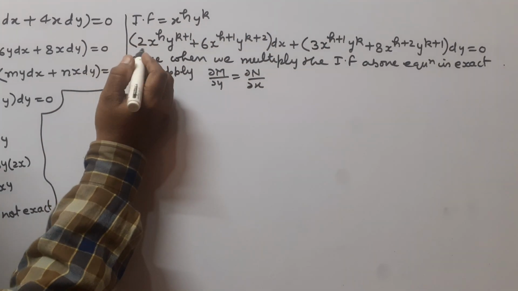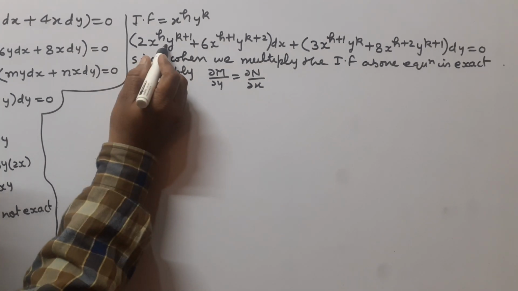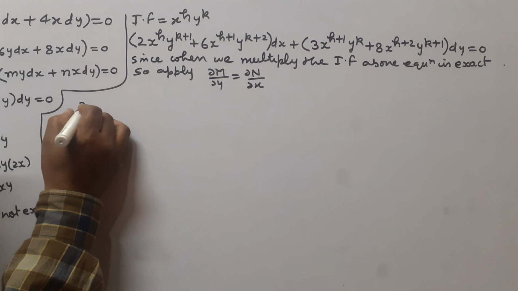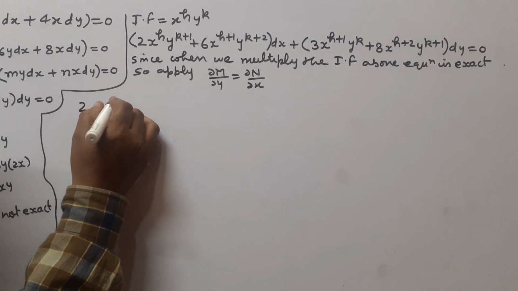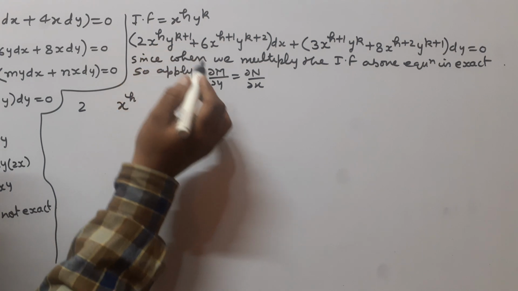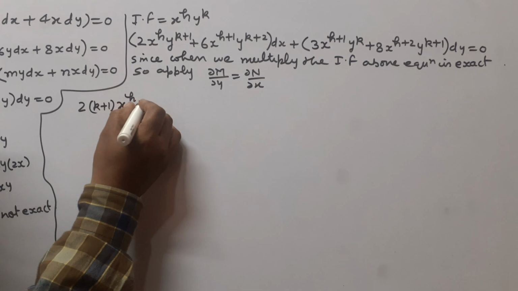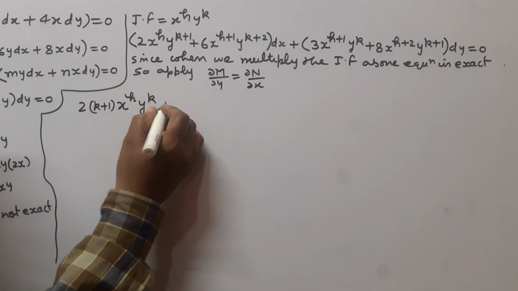When we differentiate 2x^h y^(k+1) with respect to y, 2x^h is constant and differentiation of y^(k+1) with respect to y is (k+1) y^k.